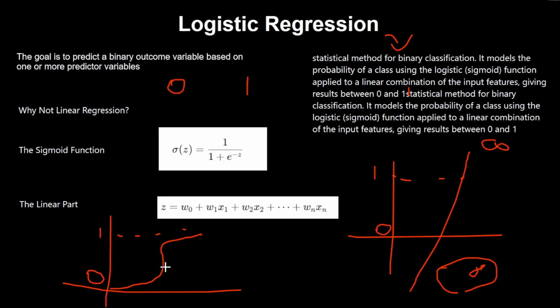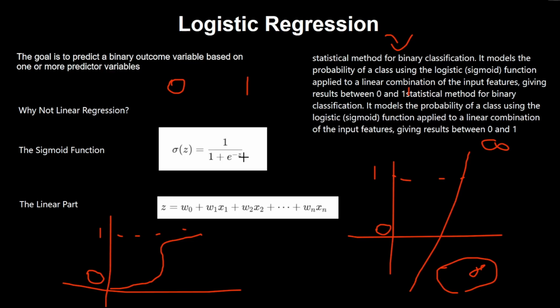So this allows us to interpret the output as a probability rather than just the actual values. This is the essential part which is used to transform the linear function into the S-shaped curve, which is used for interpreting the probabilities in a meaningful way.